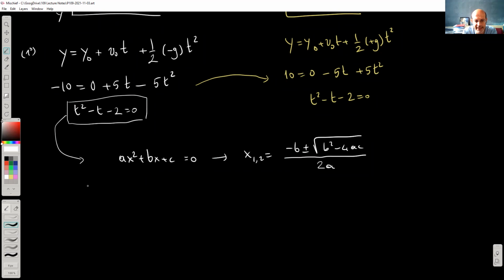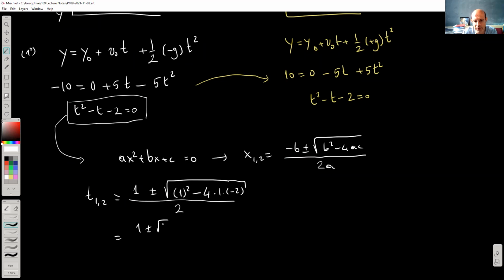For this case, there are two solutions. So we get +1 in here, plus minus square root of 1 squared minus 4 times 1 times -2, divided by 2a, all right, so therefore this is 1 plus minus the square root of 9.